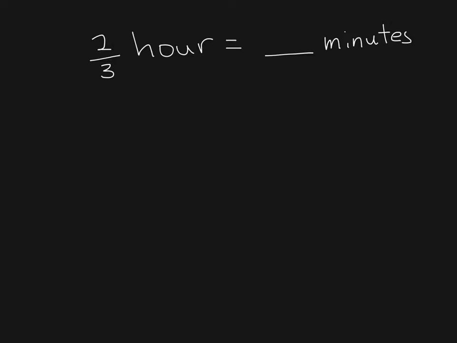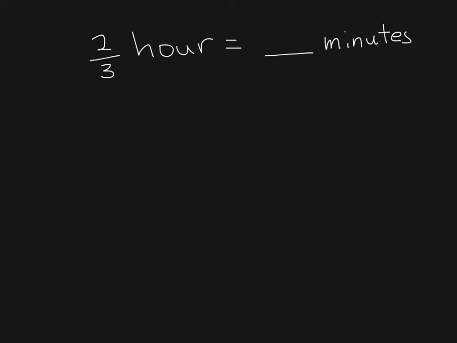One important thing we'll be doing in this topic is using multiplying by fractions to do conversions of units of measurement. And here's an example. 2/3 of an hour equals how many minutes? Now the first thing I'm going to have to do, since I have hours on one side of my equal sign and minutes on the other side, is I'm going to have to get minutes on both sides.